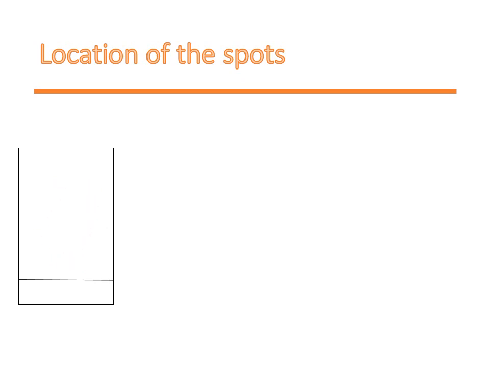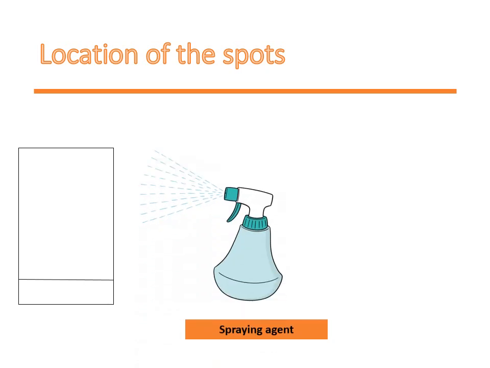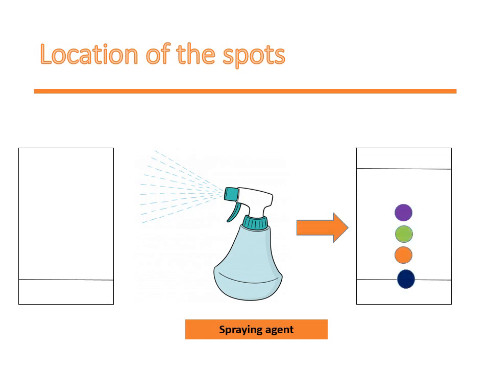In this case, we have to apply a suitable spray. For that, a spraying bottle is used and a reagent is sprayed on the paper. That results in a chemical reaction which finally gives the paper like this, where these types of spots are developed by reaction between the components and the spraying agent.